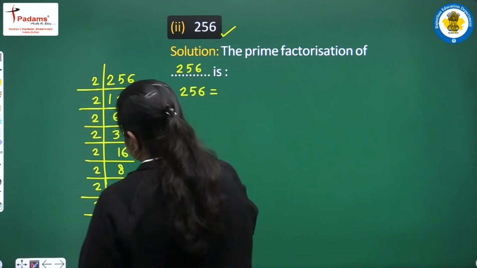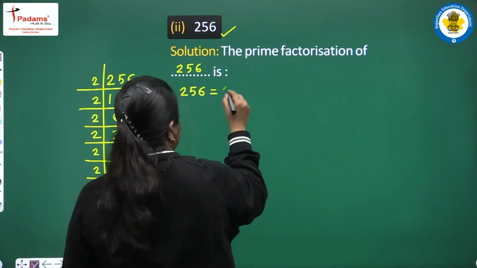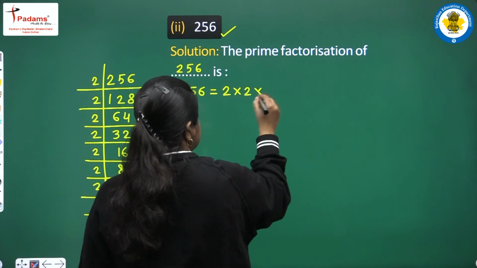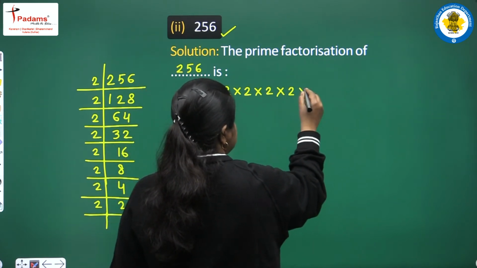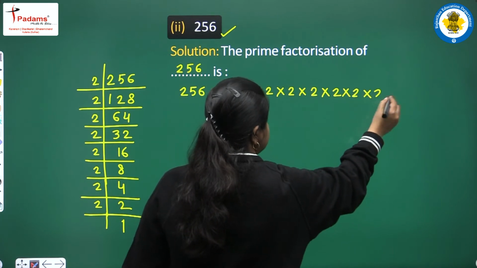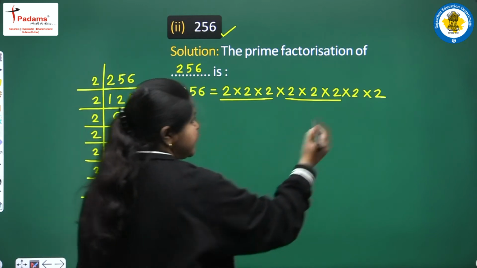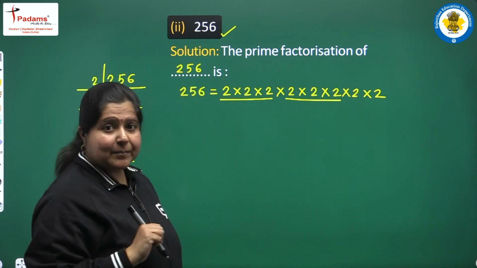Let us write here the prime factorization of 256. How many 2's are there? 1, 2, 3, 4, 5, 6, 7, 8. Let us form the triplets, first and second. Still this 2 into 2 is left. अब ये बच गया है.